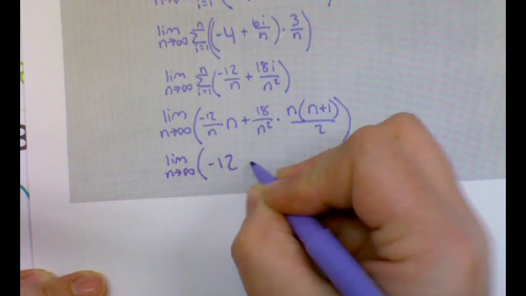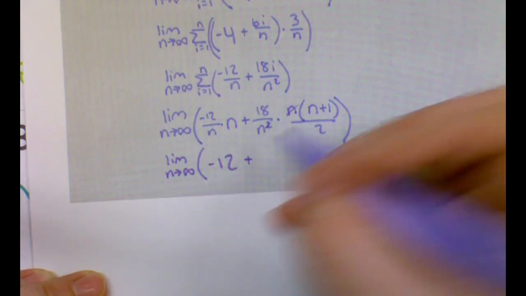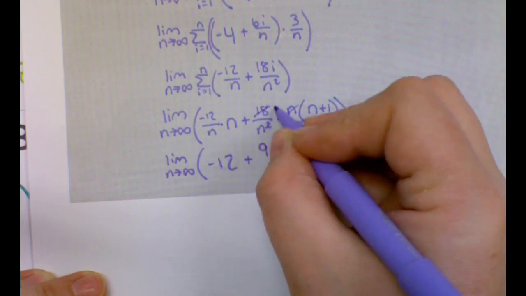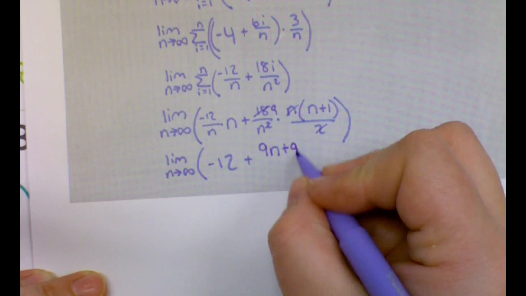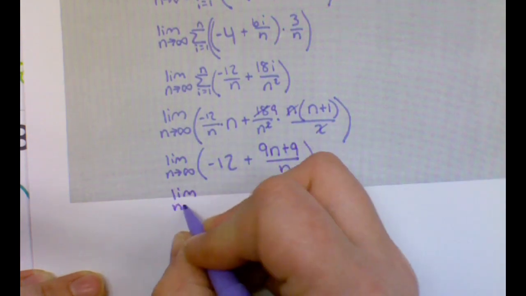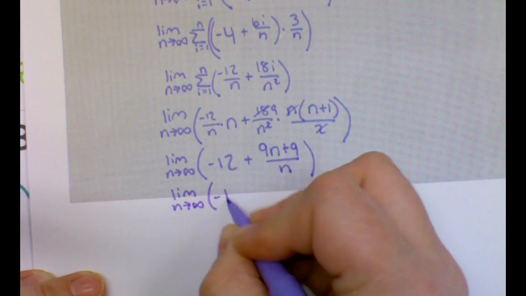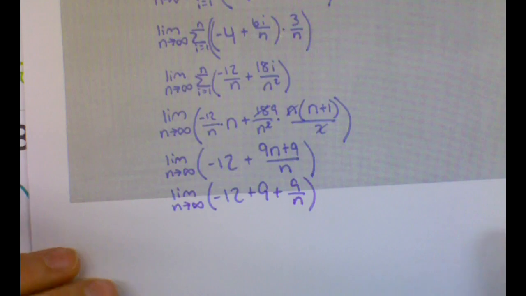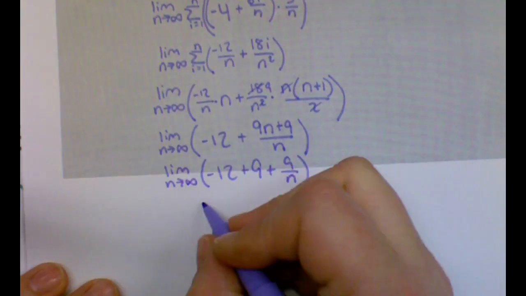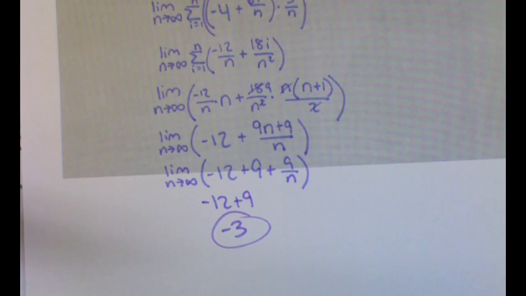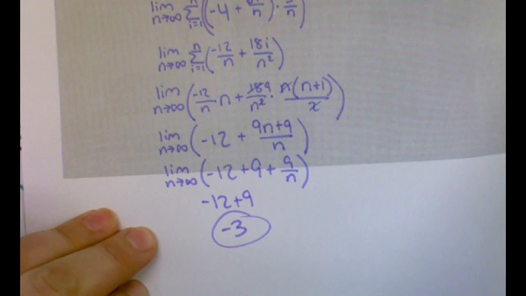We get negative 12 plus 9n plus 9 over n, which is negative 12 plus 9 over n. As n approaches infinity, this becomes just negative 12 plus 9. The area is negative 3. There's our definite integral.